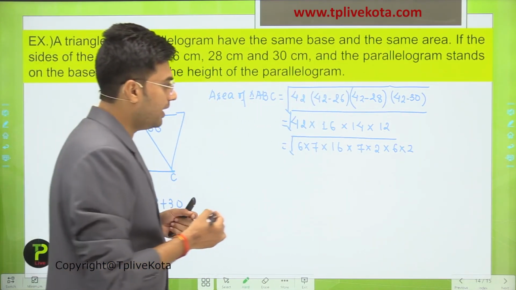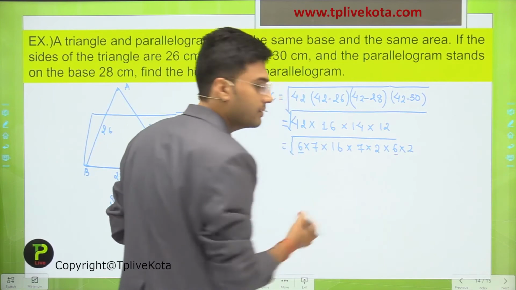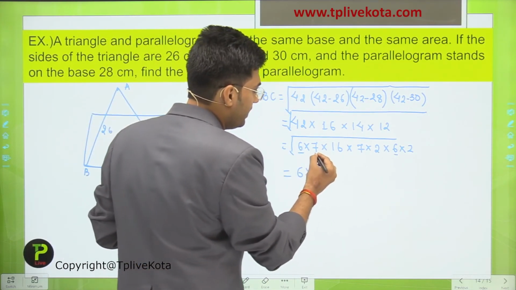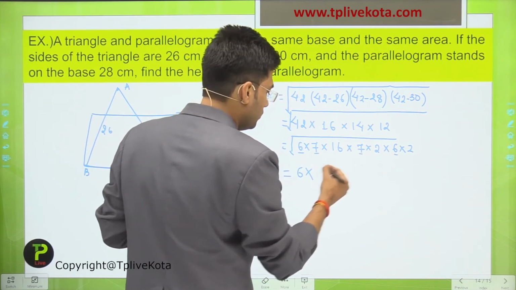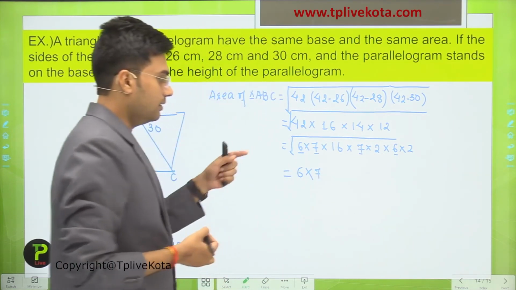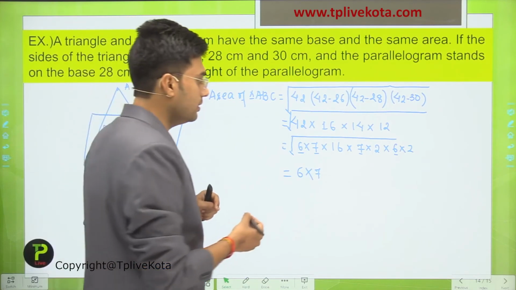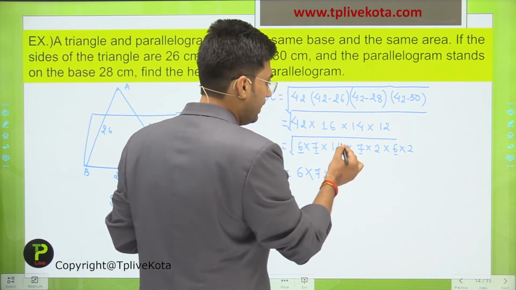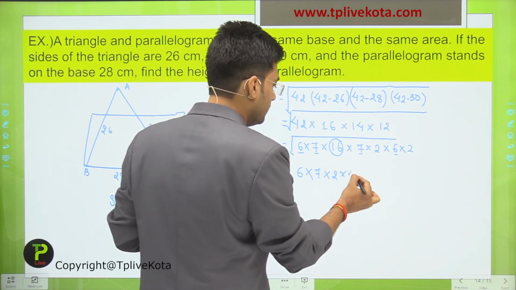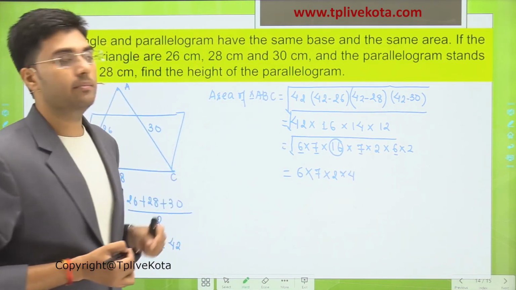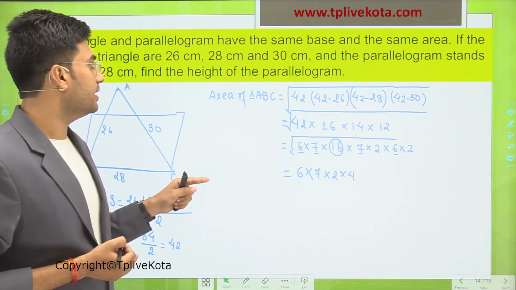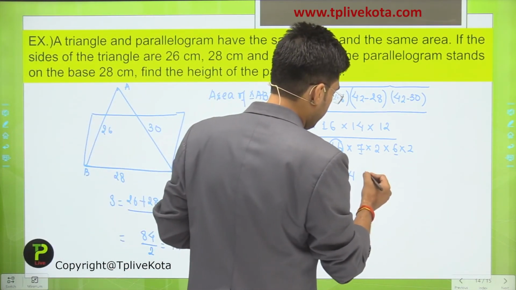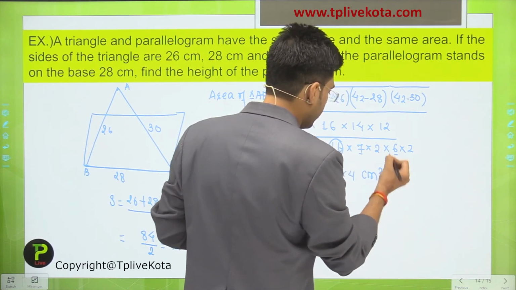So now we have 6 multiplied by 6, and 7 and 7, so we can take this 7 out of the square root. Now 2 multiplied by 2, so it is 2, and the square root of 16 is 4. So the area of triangle ABC is what? Area of the triangle ABC is 6 multiplied by 7 multiplied by 2 multiplied by 4 centimeter square.